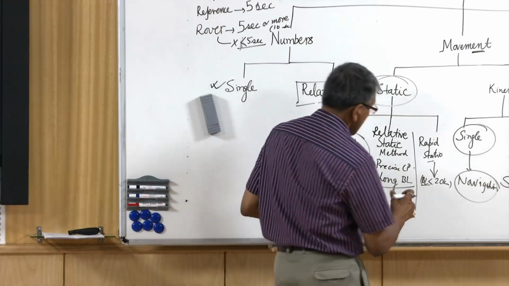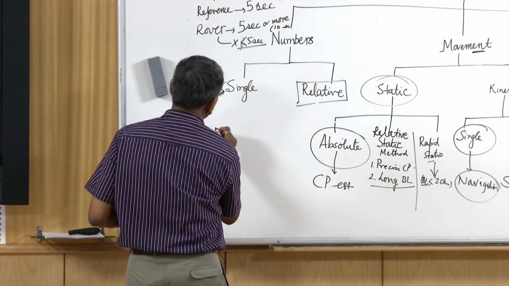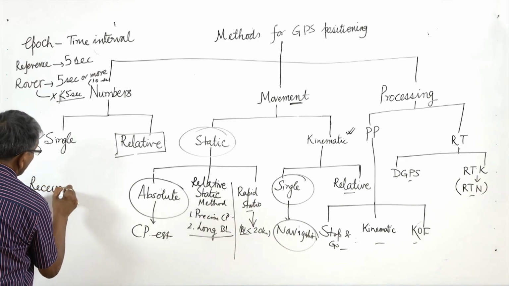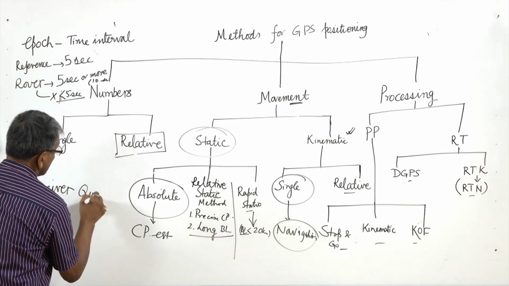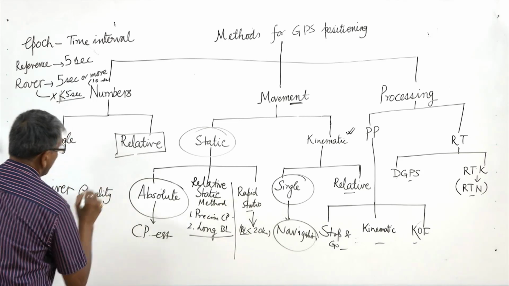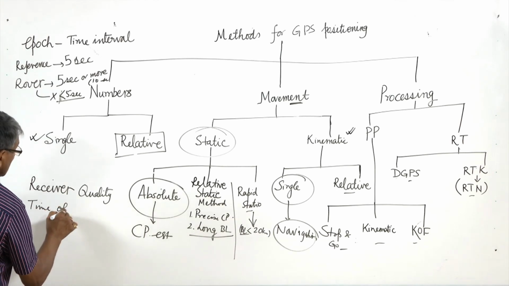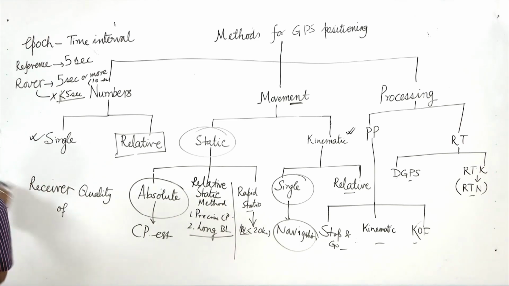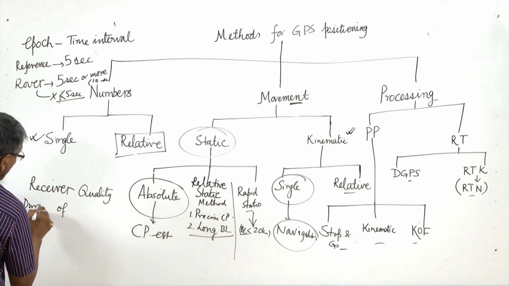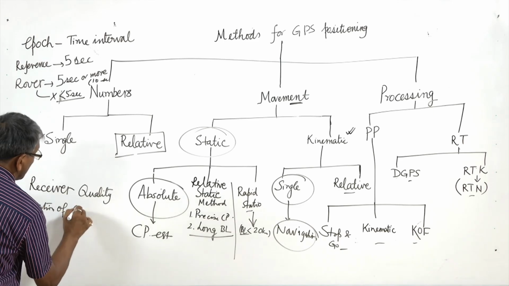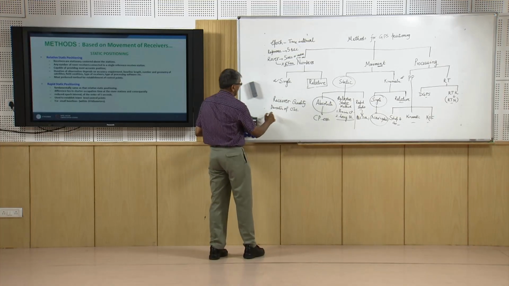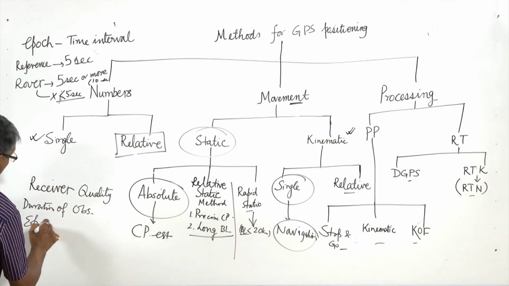So it is the receiver quality. Receiver quality means the quality of the data, then your time of observation or duration of observation, then epoch interval.